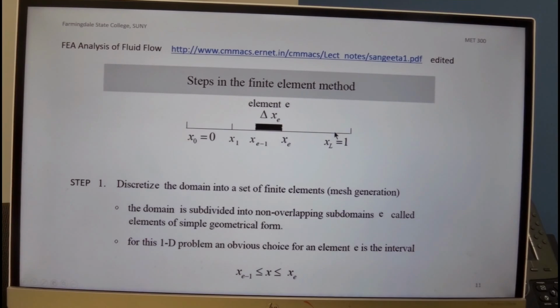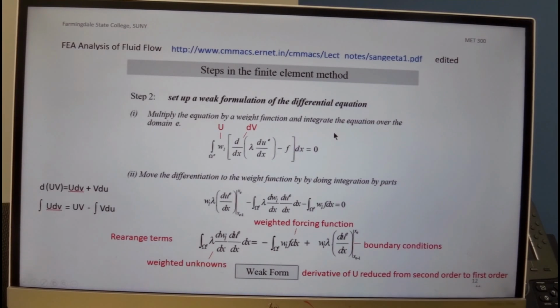The presentation over here is the same as we had on the exact solution, going from x0 to x1. Then the second step is to use the weak formulation by minimizing the weighted residual, or setting it equal to 0.